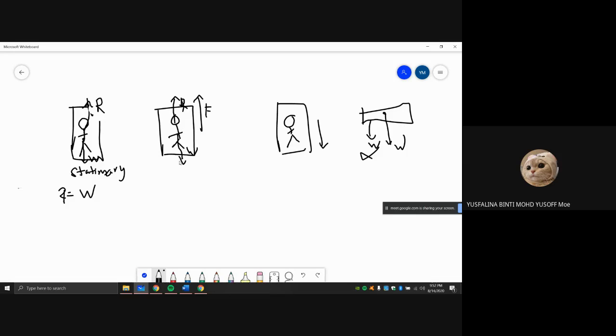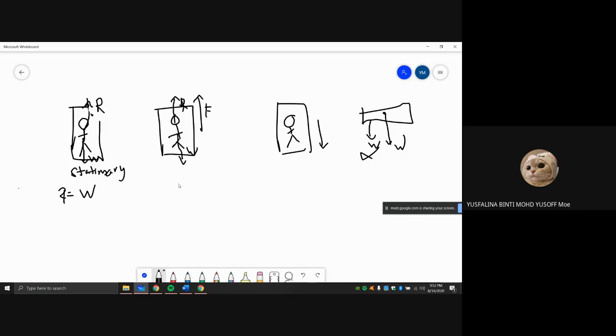Let's say you can see R and F here. This one moves down, this one goes up. So you can see there are two forces here acting going up. So up is bigger than the below direction.